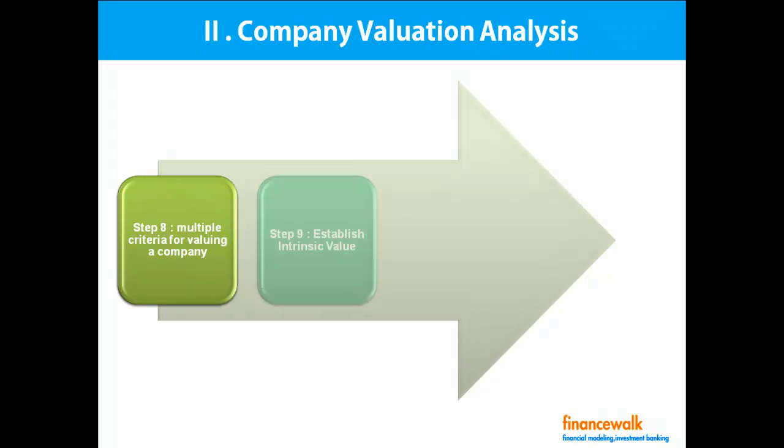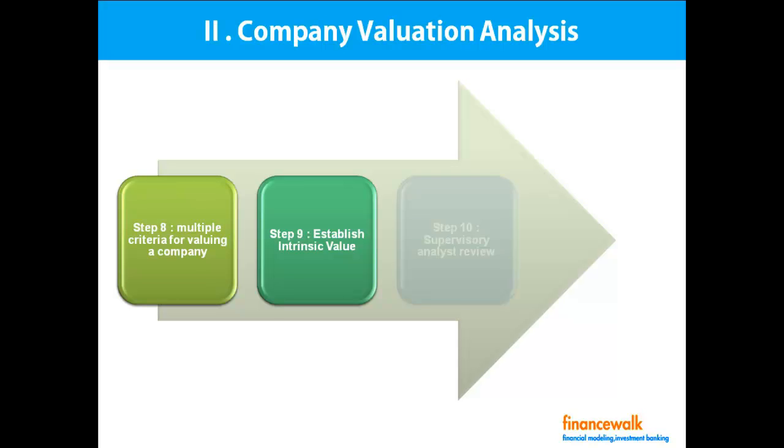Next step is establishing intrinsic value, a target price over 12 months, and then the analyst assigns a risk rating or risk ranking assessment. You can give a risk ranking assessment as high, medium or low of projected share volatility and the risk of capital loss.